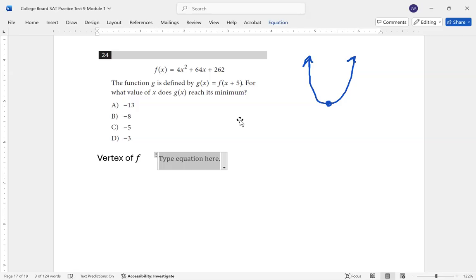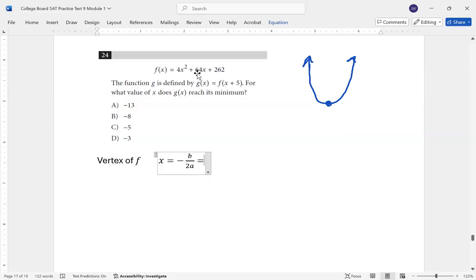So the vertex of F has an x value of opposite of B over 2A, because when you're dealing with a quadratic, right in the middle of your two zeros, we're going to get a vertex. So it happens at opposite of B over 2A. That's a formula for the x value of a vertex of a quadratic function.